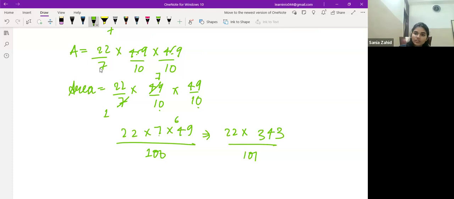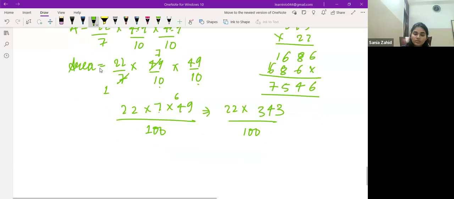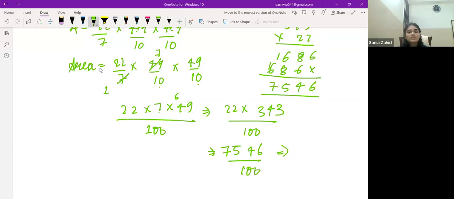Just multiply 343 with 22. You get 7546. 7546 divided by 100. So now what does it become? 75.46. Very good.